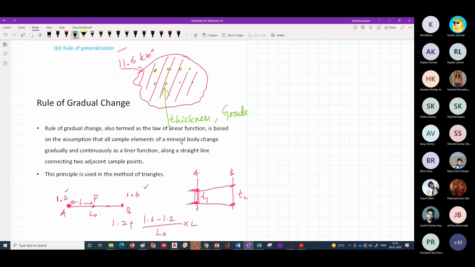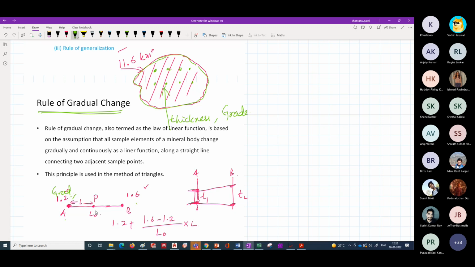Now, when we try to calculate the total amount of ore in this area, we need to apply, or assume, something. One of the assumptions is the rule of gradual change. This is what I was trying to explain. At point A, the grade is 1.2, so 1.2% or whatever, and at point B, the grade is 1.6.